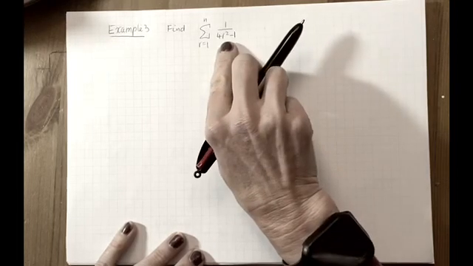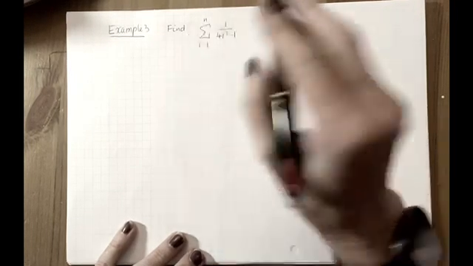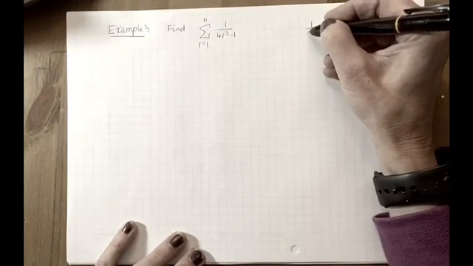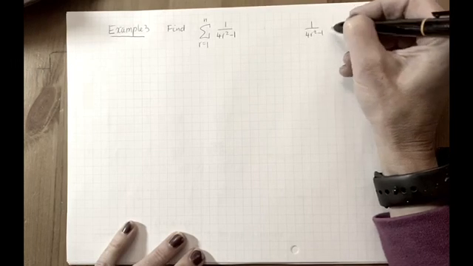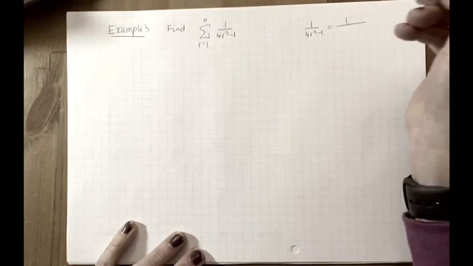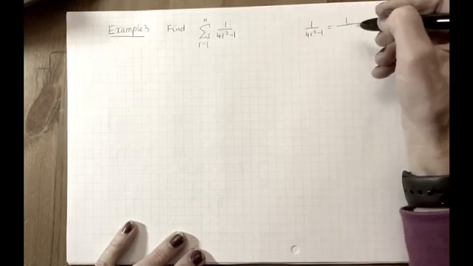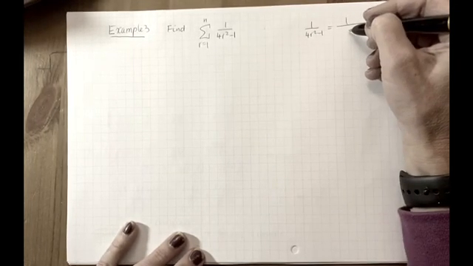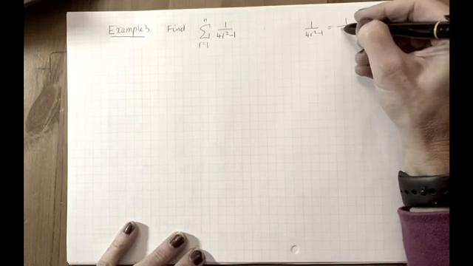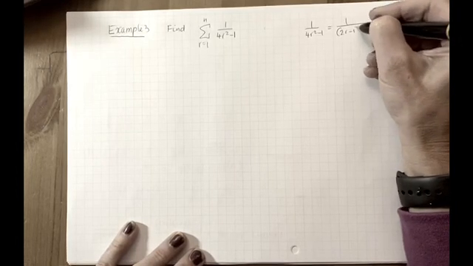fractions. This is partial fractions, so you need to do a little bit of algebraic manipulation to find 2 fractions. So factorize the denominator.